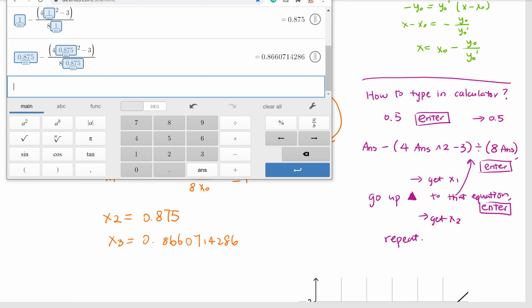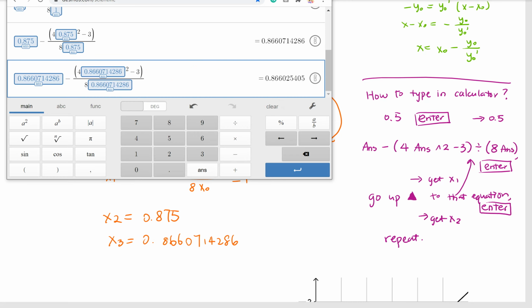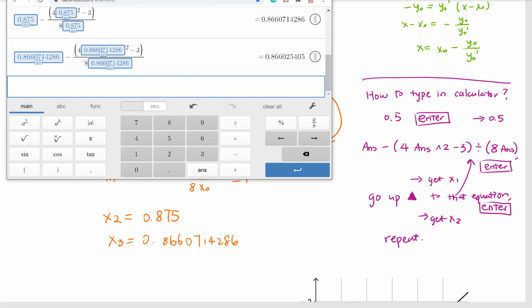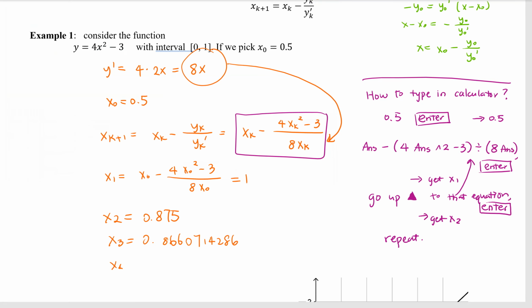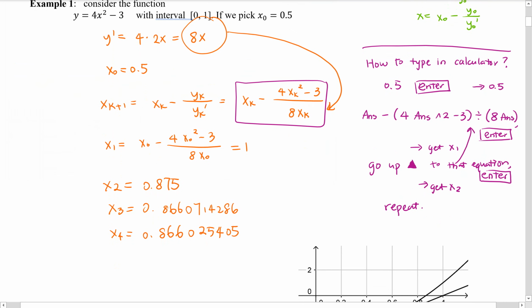Okay, so go up the line and enter again. We get another one. So x4 is 0.866025405. Okay, so we copy down 0.866025405, right? Okay, continue.